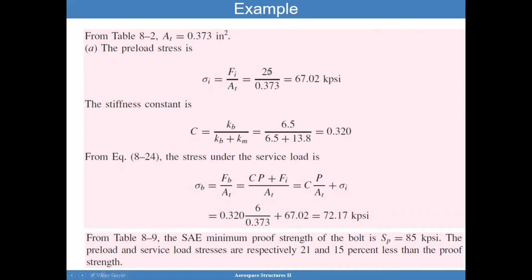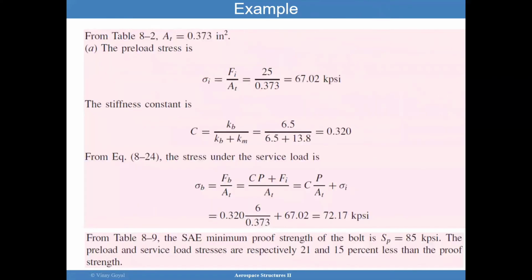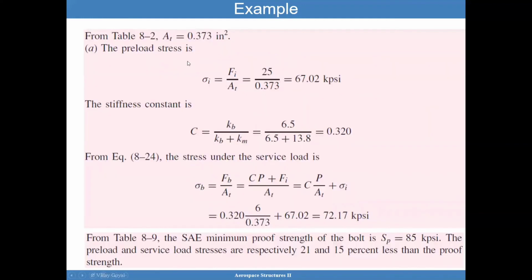Fi is 25 as the preload was given to us, and the tensile area can be calculated as simply 0.373 based on the table of specs. The stiffness constant can be quickly determined as 0.32 because the member stiffness were given to you, so you can calculate C.